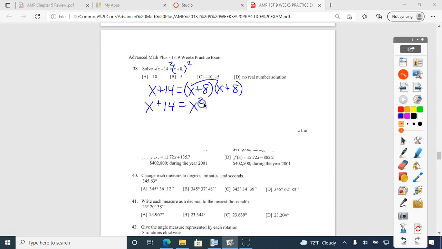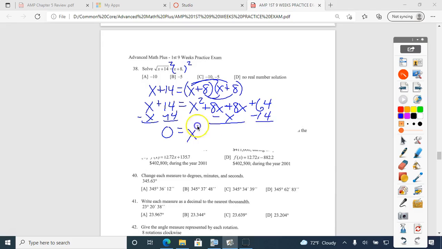So that'll be x squared plus 8x plus 8x plus 64. So I'm going to get it equal to 0, so I'm going to move these two over. Okay, so I have 0 equals minus x minus 14. So this will be x squared.